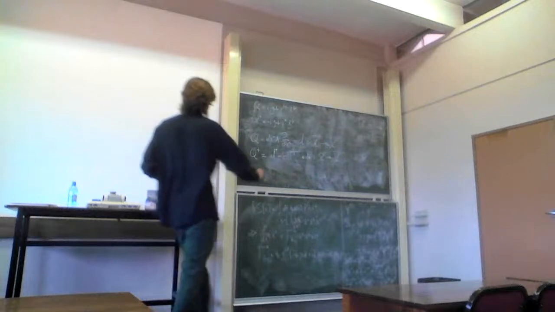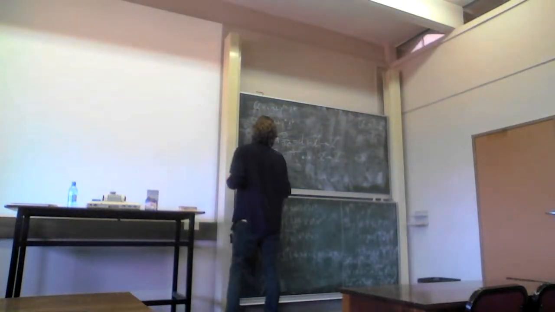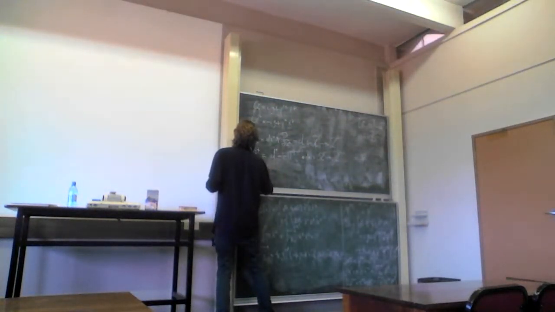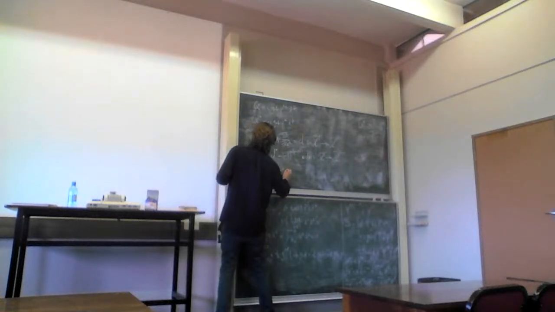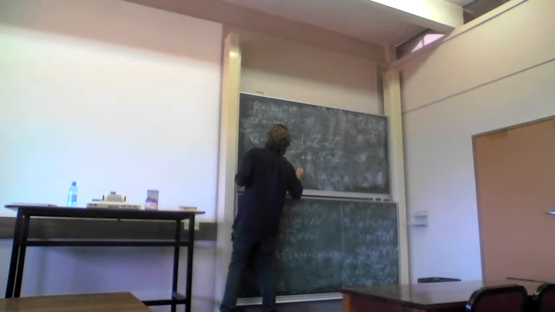Okay. So how to derive this expression for the dagger is to define it in the following way. You say that the inner product of d alpha with beta is equal to the inner product of alpha with d dagger beta.